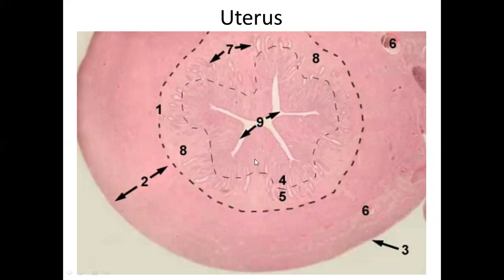This is the layer which, if fertilization is not going to happen, is going to be disrupted and released along with the menstrual secretions and blood outside.